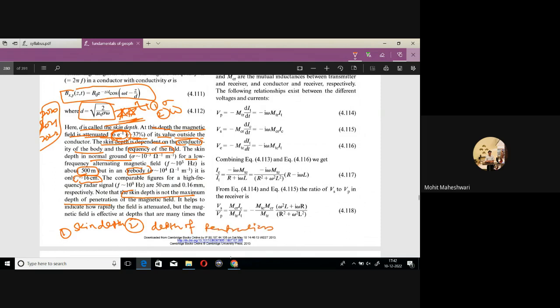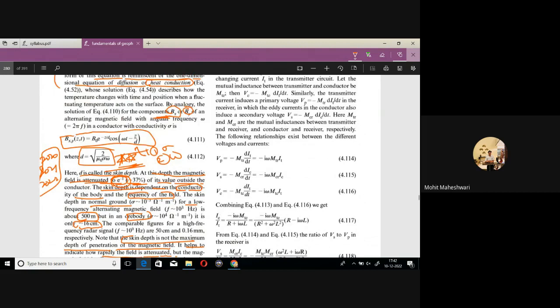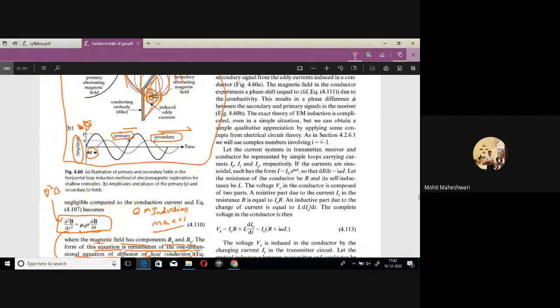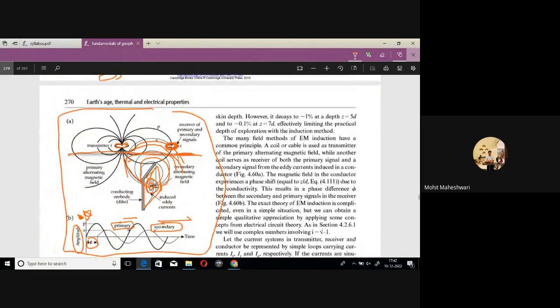The skin depth is defined as the depth at which the magnetic field is reduced to 1 by e of its original value, and the depth of penetration is defined as how much the magnetic field can penetrate through the conductor. Okay, so skin depth is not the maximum depth of penetration of the magnetic field, but it helps to indicate how rapidly the field is attenuated. But the magnetic field is effective at depths that are many times the skin depth.